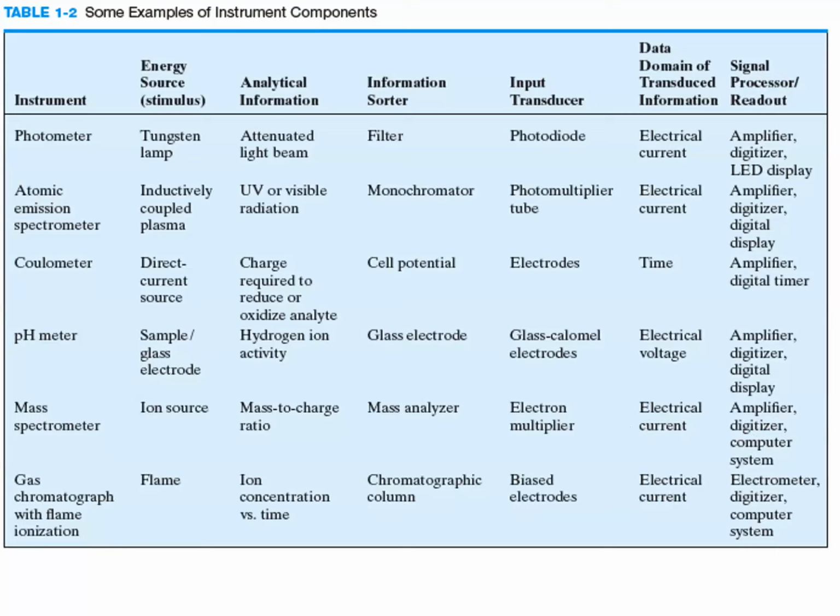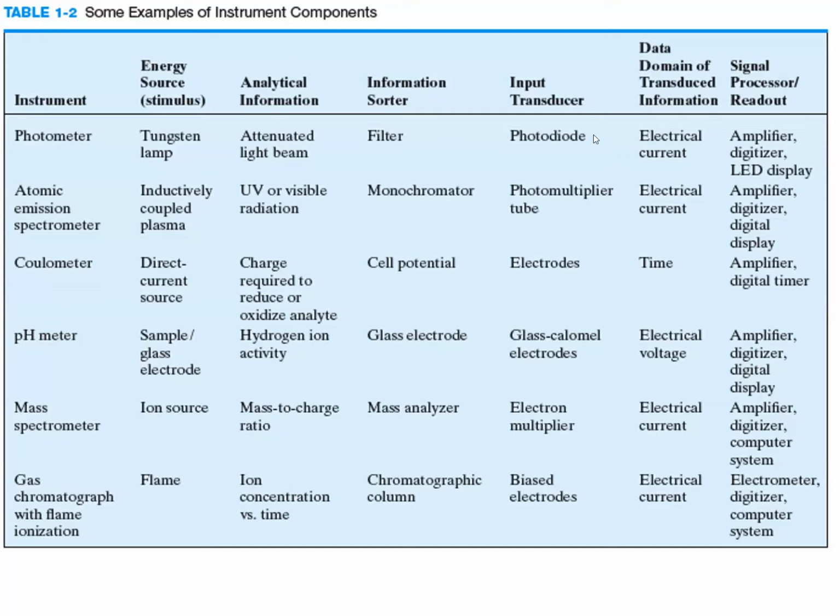Now, some of you might have dealt with a gas chromatograph with a flame ionization detector, a GC-FID, for example. So the flame will be the stimulus, and the analytical information will be the ion concentration versus time.